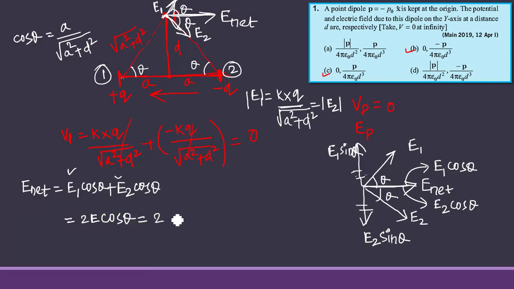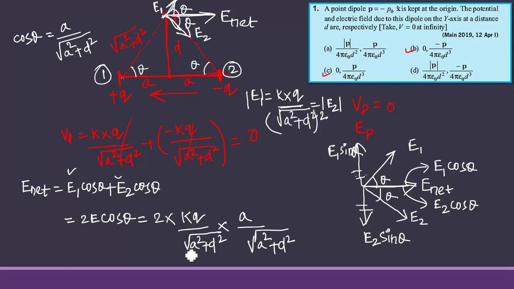So 2 into E, which is K into Q divided by a square plus d square, and cos theta is a divided by root over a square plus d square. See, we made one mistake. The value of the electric field is KQ by R square, so the root over term will be eliminated when squared. So we need to solve this one.